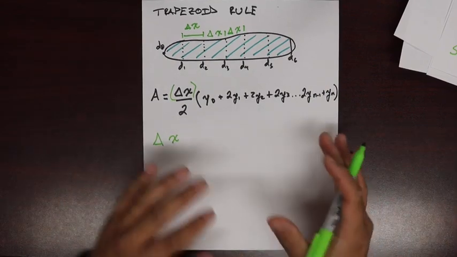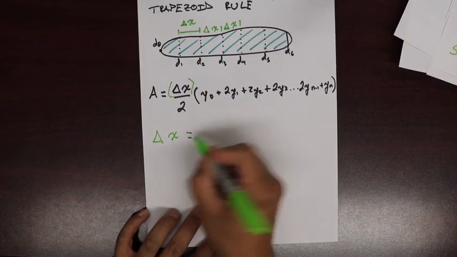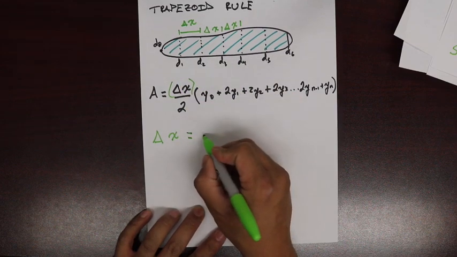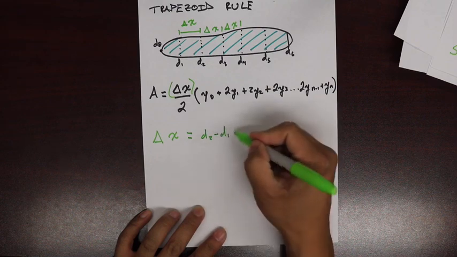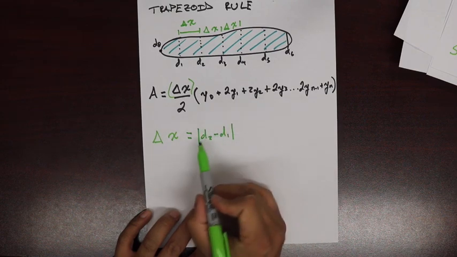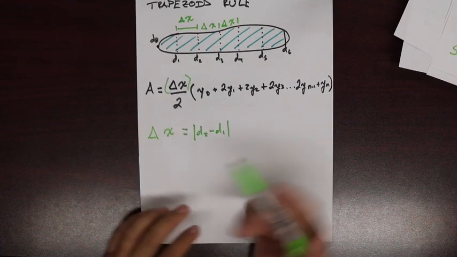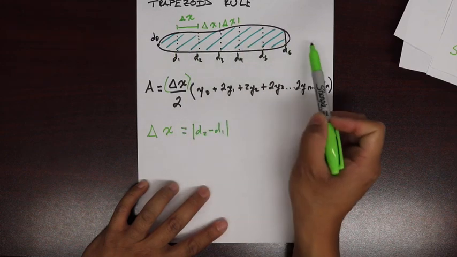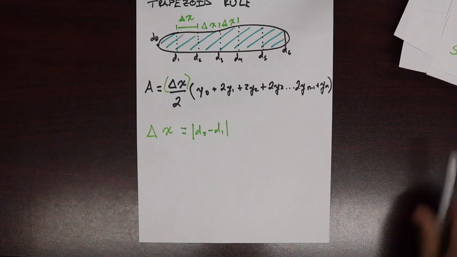But in this specific example, and what you're generally going to say, delta x is the distance between these two values, so the absolute value of d2 minus d1. And we're going to say that it is even across the board, although it doesn't look like it.